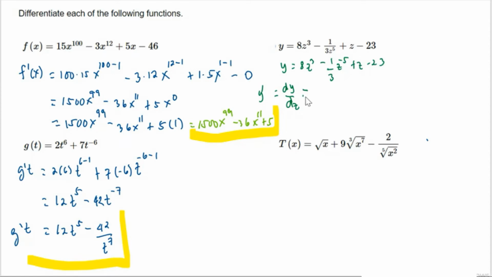So in this case, we have now 8 times 3 is 24 of z to the power of 3 minus 1 equals 2. So therefore the exponent is 2. Minus 1/3 times negative 5 gives us the answer of 5 over 3 of z to the power of negative 5 minus 1, from the formula of the exponent.